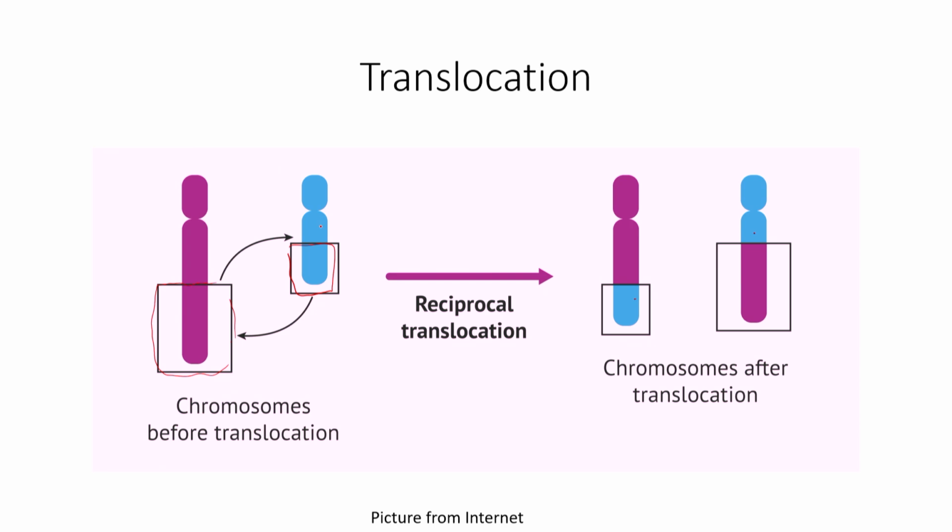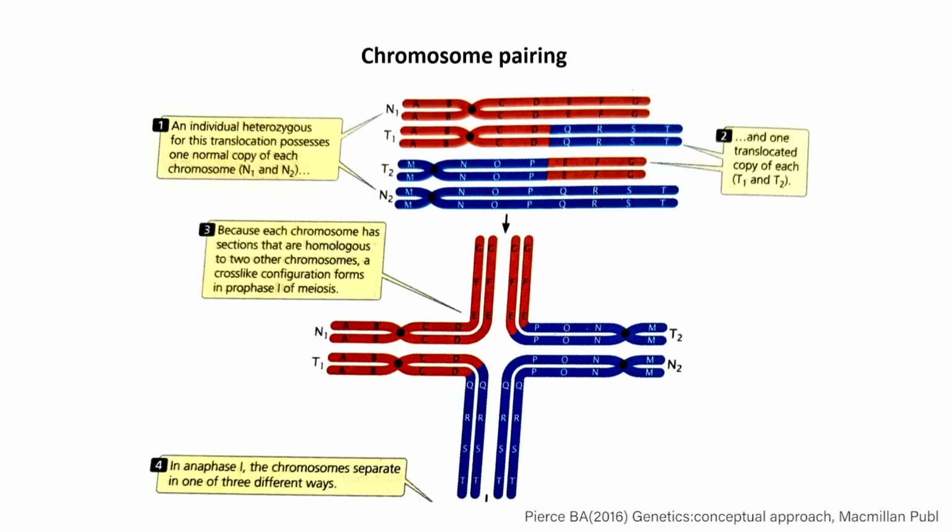In the same way, translocation occurred in this chromosome, and its homologue is normal. Now I am showing you, N1 is normal.